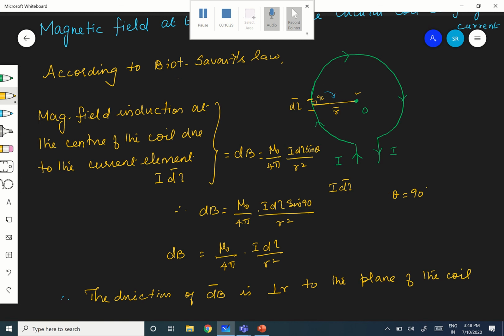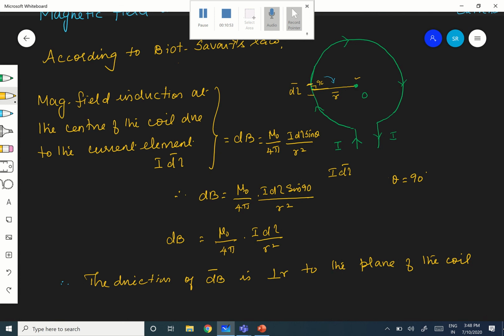Plane of the coil means here the coil is in the plane of this board. If you are drawing on your paper, the coil will be in the plane of the paper. So the plane of the coil means the plane of the board or the plane of the paper, and it is directed perpendicular to the plane of the coil and inwards. Is it clear?